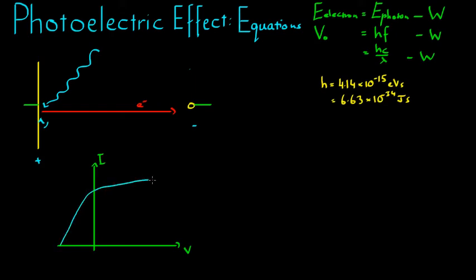It looked like that, but it tapers off a little, so like that. And that's saying, if we took the voltage to this level here, we got no more electrons flowing through. And that describes the situation I drew before. Even the most energetic electron being pushed back by this negative charge here and this positive charge here. So this corresponds to the stopping voltage.